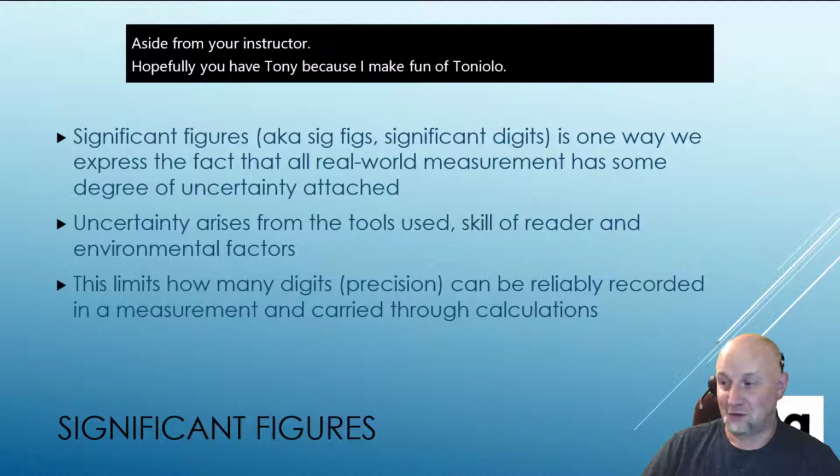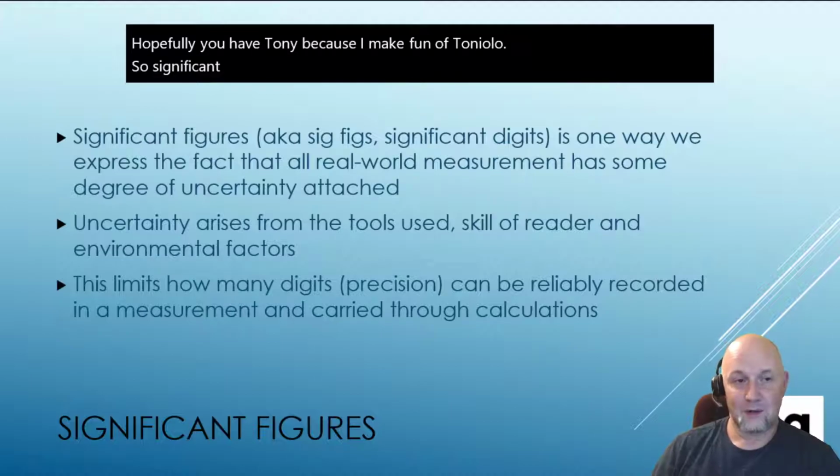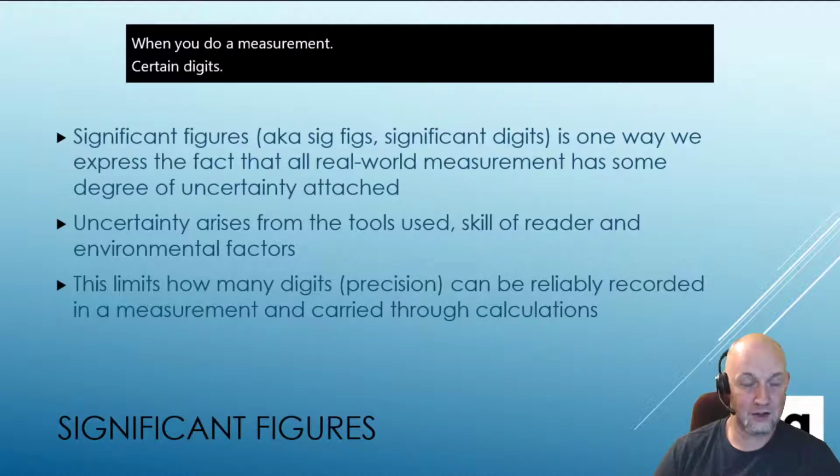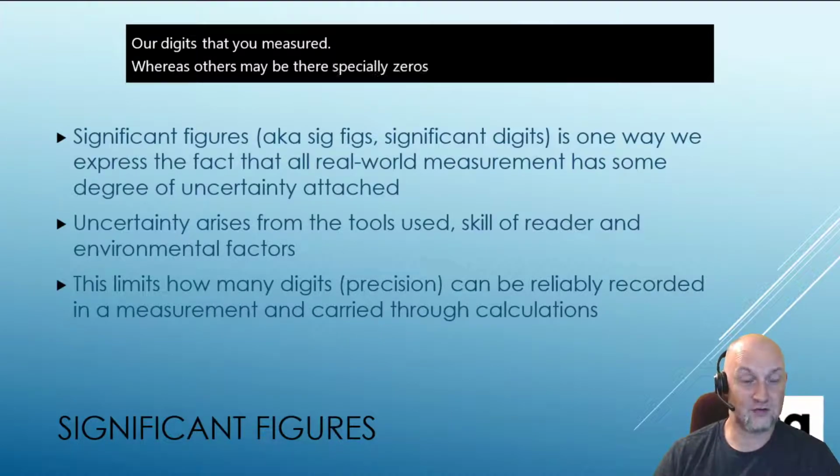So significant figures, it comes down to the idea that when you do a measurement, certain digits are digits that you actually measured. Whereas others may be there, especially zeros, as placeholders, as filler.